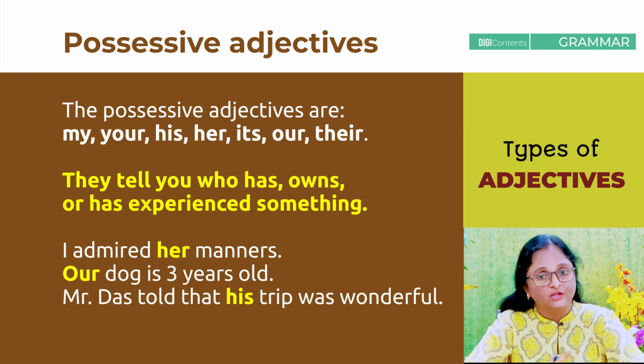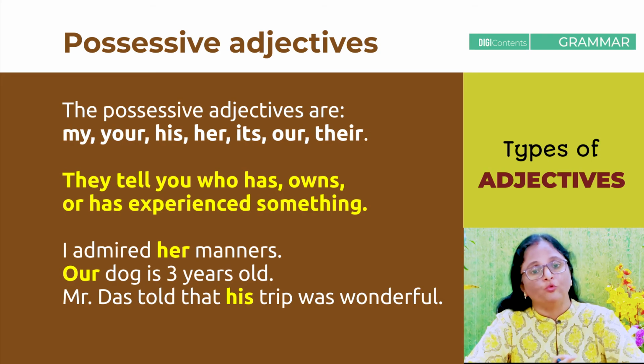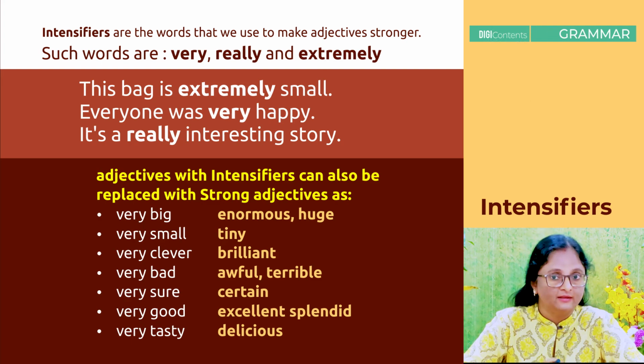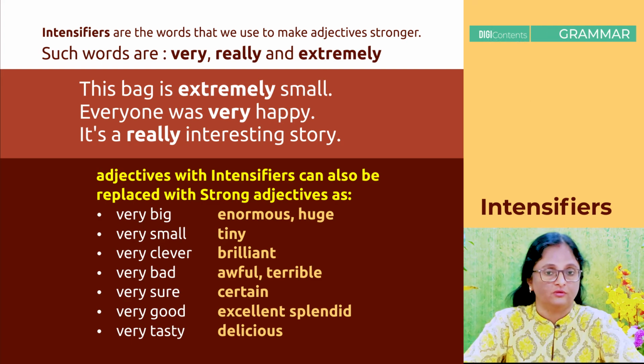Our dog is 3 years old. Mr. Das told that his trip was wonderful. So we see that there can be so many kinds of adjectives: predicative, quantitative, qualitative, demonstrative, interrogative, possessive.